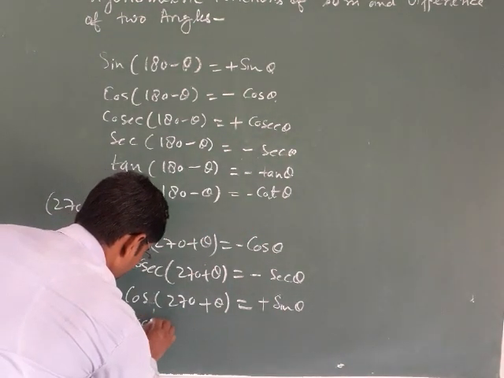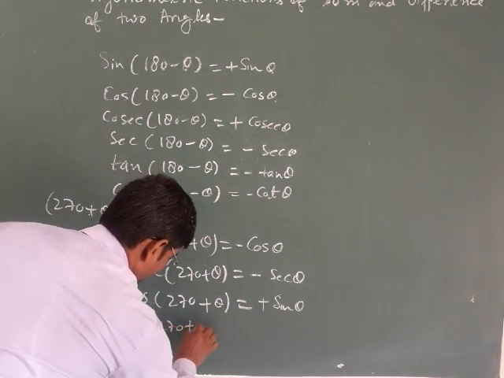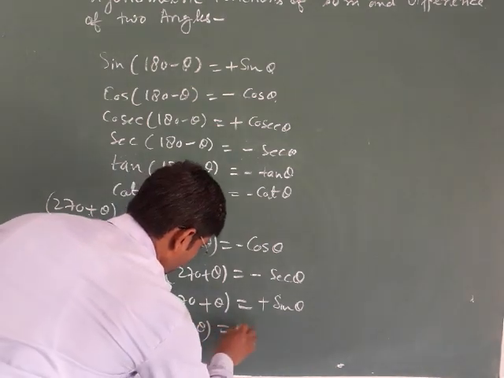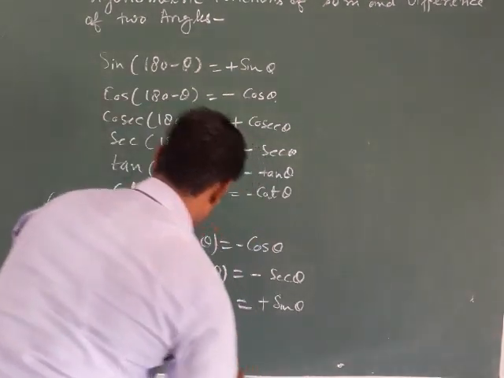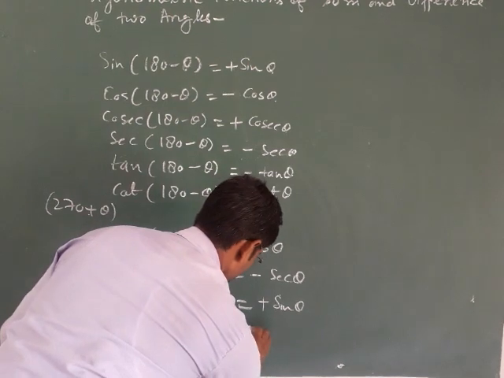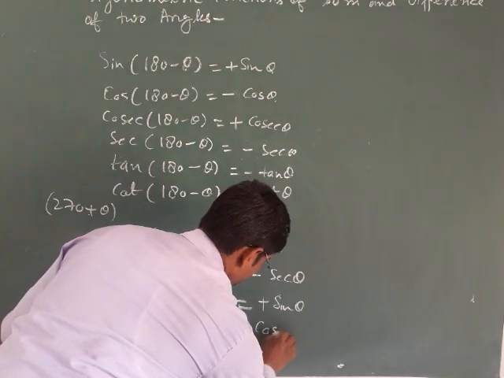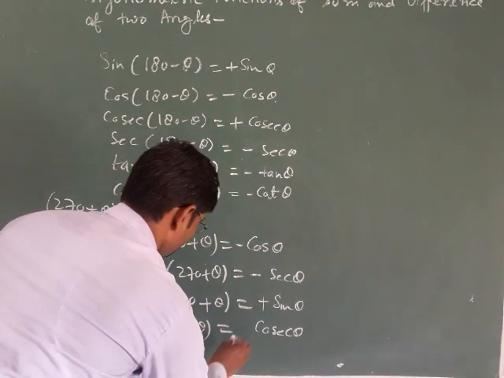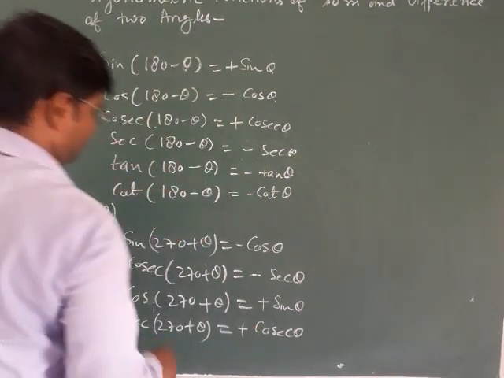And sec of 270 plus theta is cosec theta, so this value is positive.